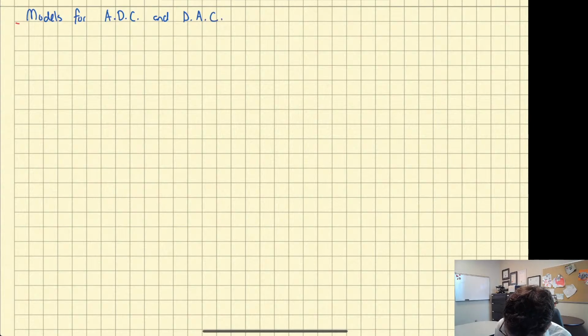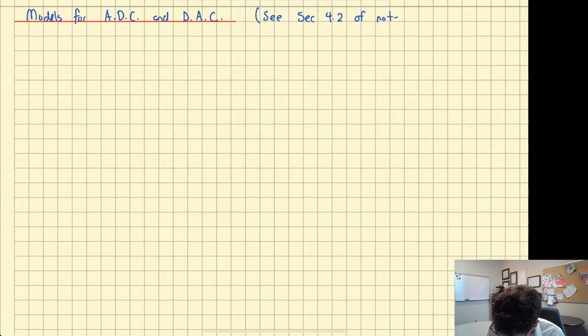Right, so these are kind of complicated equipment. And so we want to have a relatively simple model for these that we can use when we go to do our design and our analysis. Okay, so let's start with the ADC. Oh, by the way, this is also covered in section 4.2 of the notes, but it's very brief, so we'll do it here.